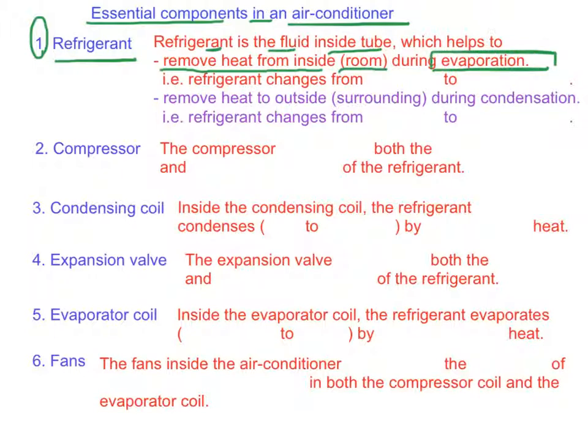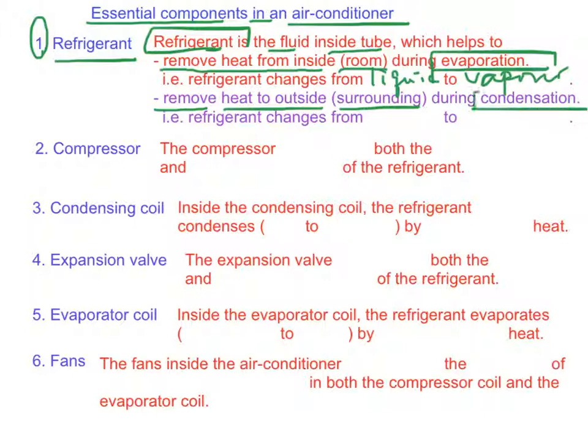That is, the refrigerants change from liquid state to vapor state. Also, the refrigerants will help to remove heat to outside, that is, remove heat to the surrounding during the condensation process. During condensation, the refrigerants change from vapor state to liquid state.